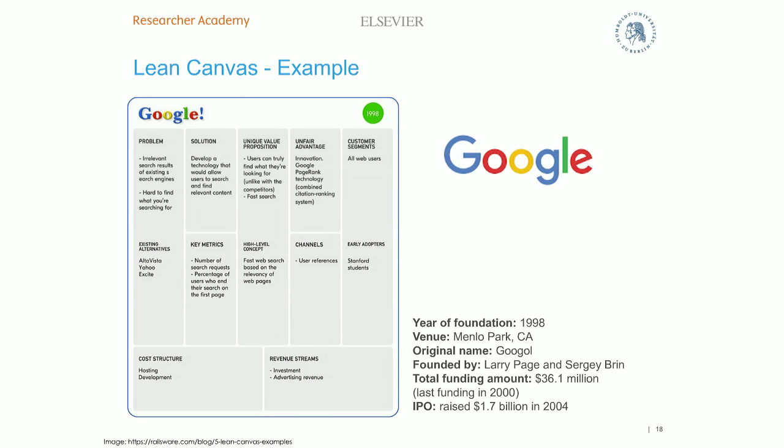Of course, at this time the lean startup approach was not existing, so this has been done in hindsight, and shows the original Google business model as it has been created in 1989. So this is also related just to the original search engine, not to the company we know today.